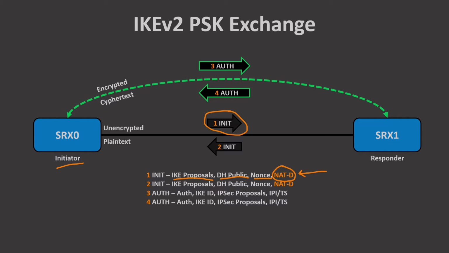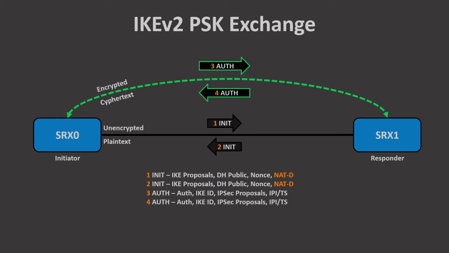And if the hashes don't match, it knows that one of those 4 things was translated by NAT, and it knows there's a NAT. And because this init happens in both directions, because SRX1 responds to SRX0 with its own NAT discovery block, SRX0 is able to discover the NAT as well.